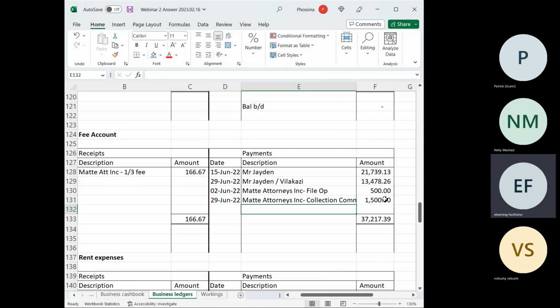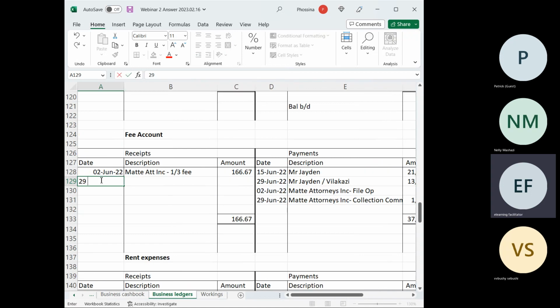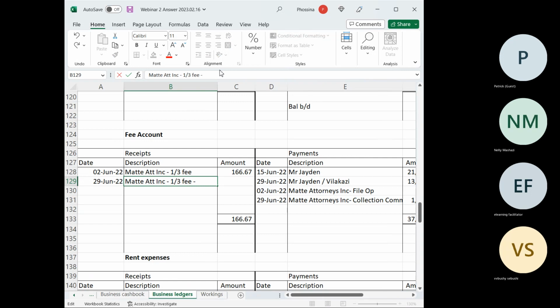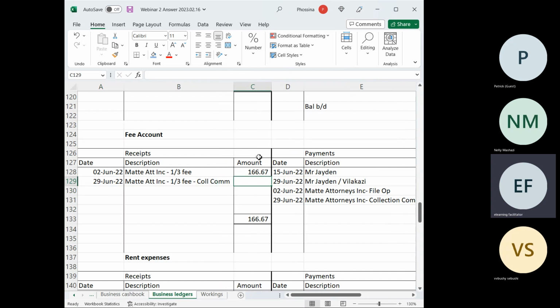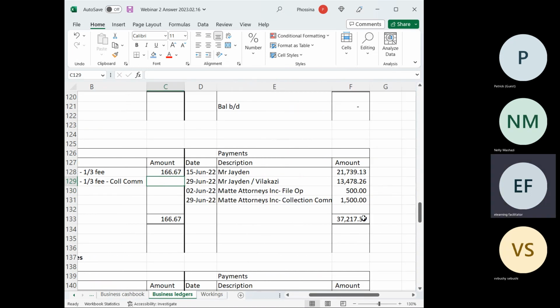That is the total fee. But then we have to share it. 29 June. We are now sharing it just like what we did on top. Collection commission, we are now sharing. And how much are we sharing? Our total fee divided by 3. It is 1,500 divided by 3, like that.